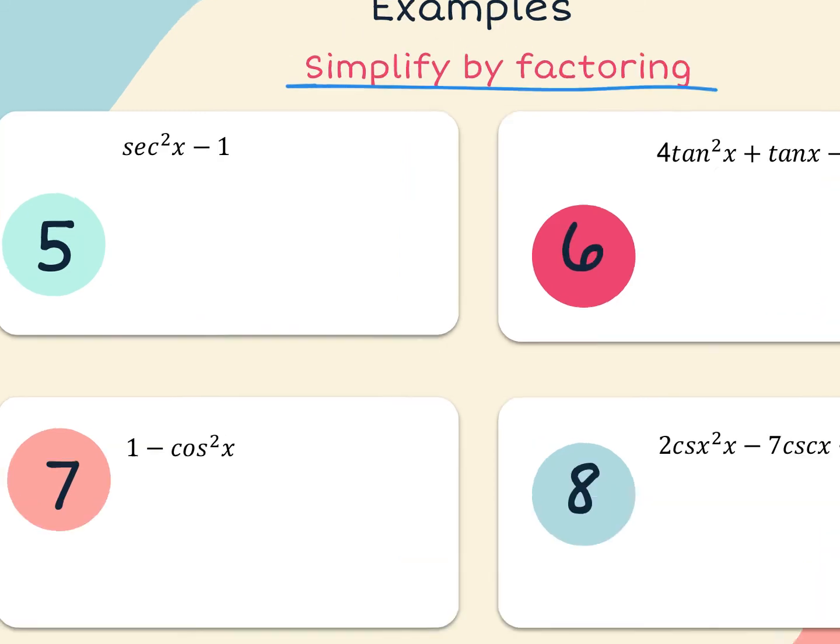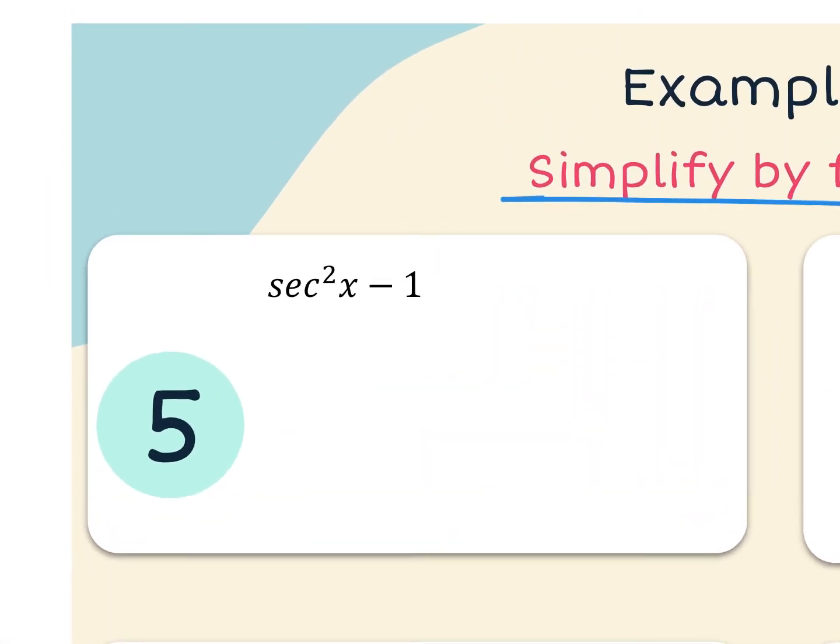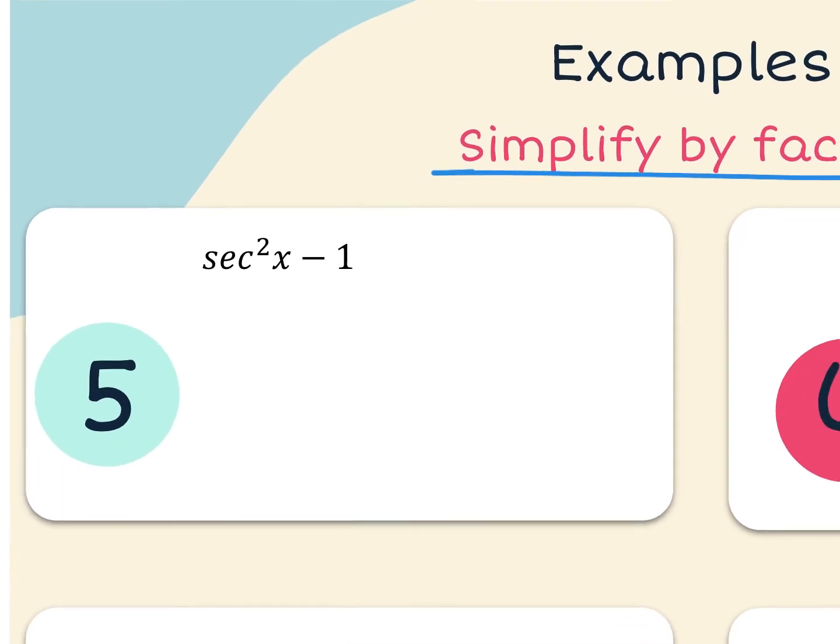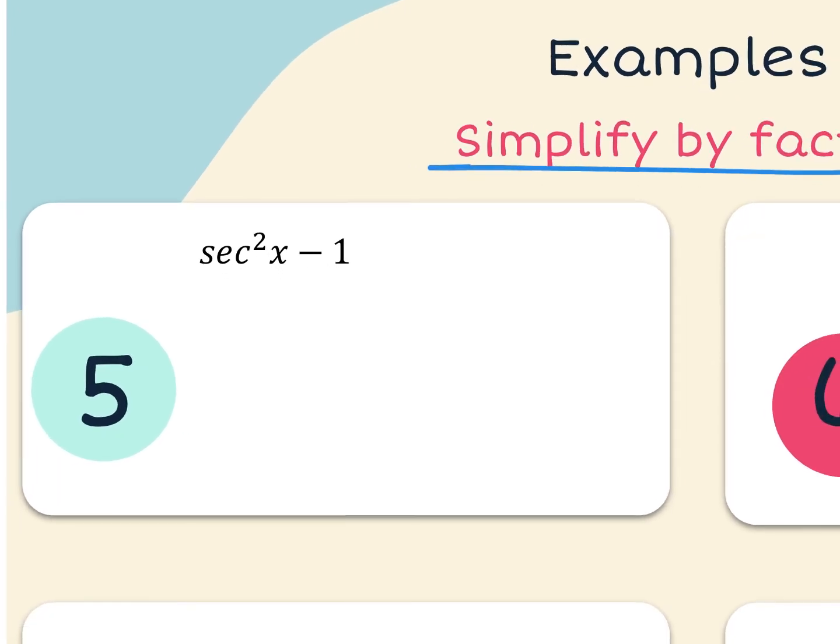So when I first look at this one, again, if it's easier for you to think of this, get rid of the trig word first. Move the exponent to the x. First, think of it as factoring the difference of two squares, x squared minus 1. Remember, this turns into x plus 1, x minus 1.